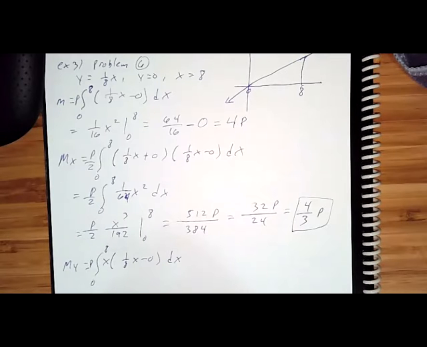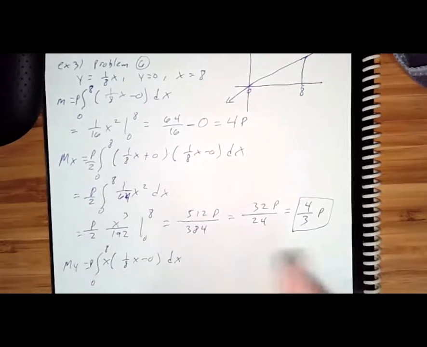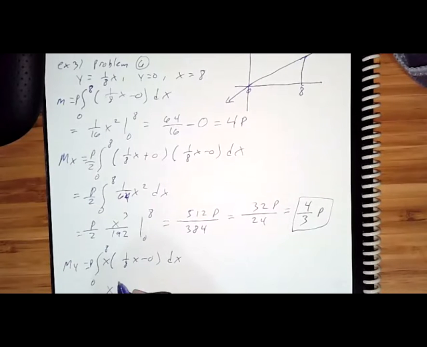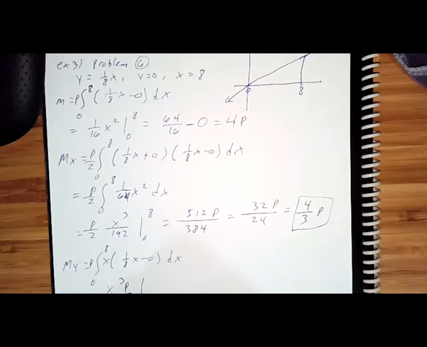Okay, so that will be x cubed over 24, times p, from 0 to 8.